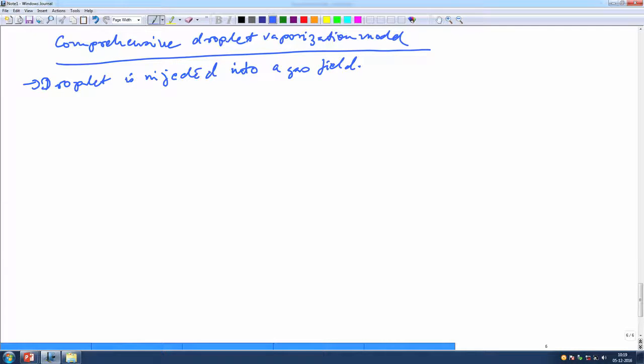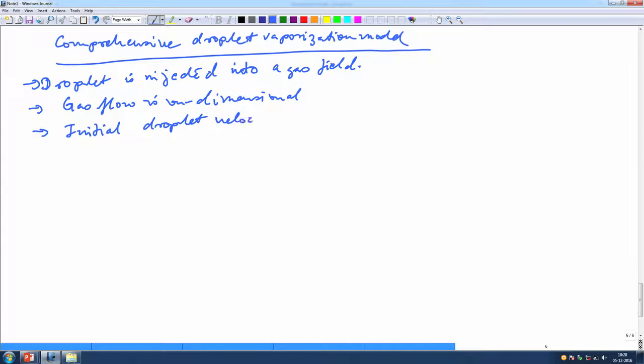There are several assumptions that go with it: the gas flow is one dimensional, so we are not really concerned so much about the gas flow, and the initial droplet velocity is parallel to the gas flow direction.